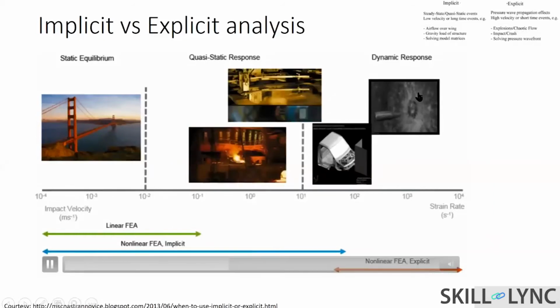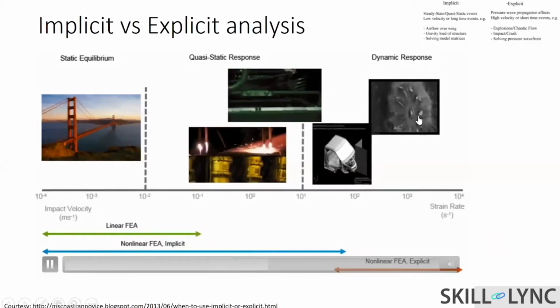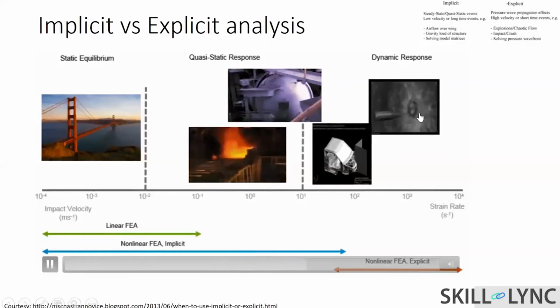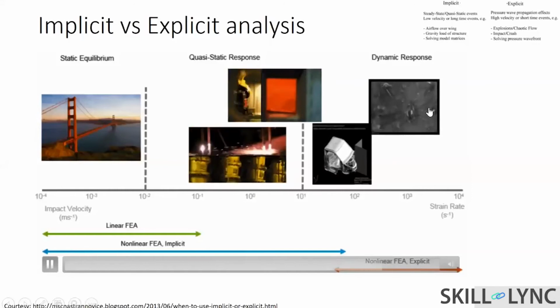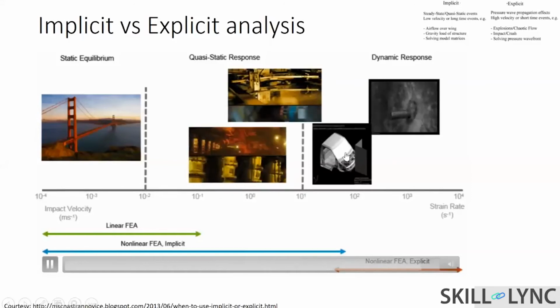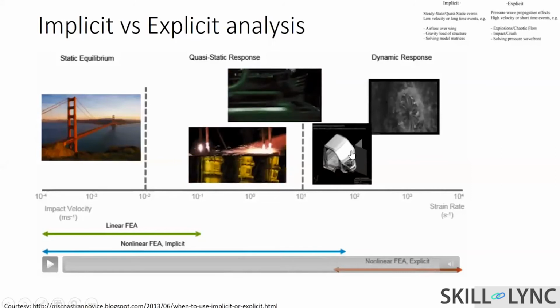A good example down here is a bullet perforating into a material. This happens with high velocity and in a short event, and even running a crash test with your vehicle is an explicit dynamic task. This is the difference you see.